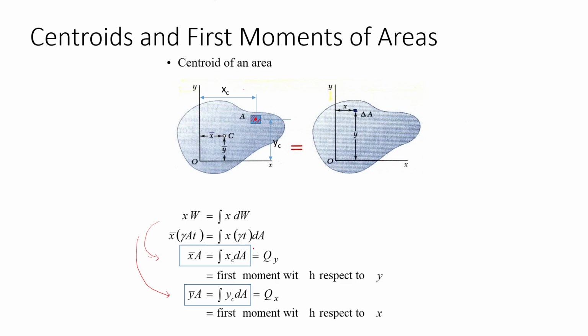Okay, so you can just memorize this formula. x bar times the total area is equal to the integral of x sub c times the differential area. And then the other one is the same, but it's in the y counterpart.